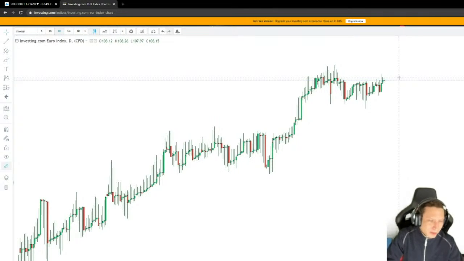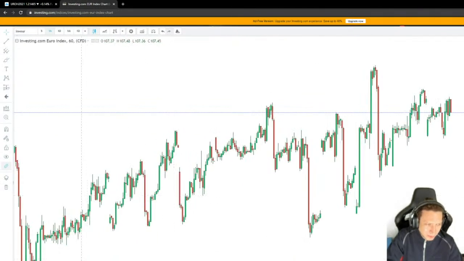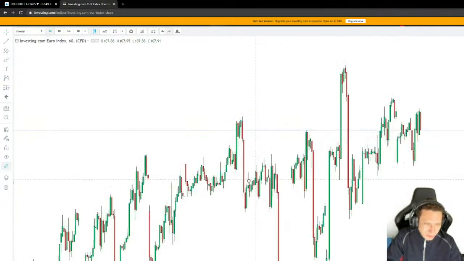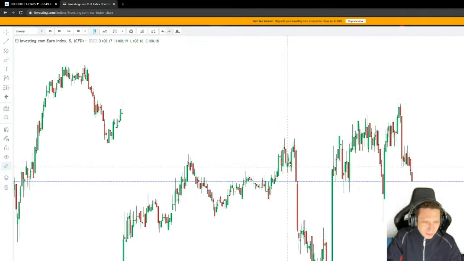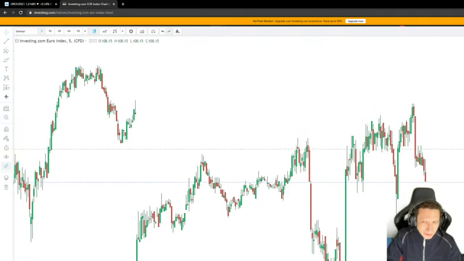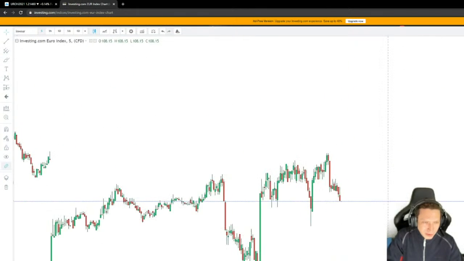In this way, we can make sure that the euro is strong today. If we go to a shorter time frame, we can see in an hour it's actually going a little bit down, but it's still an uptrend. So no matter how you see it, we can find that the euro is actually a strong currency of the day.